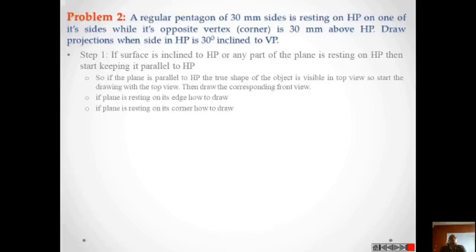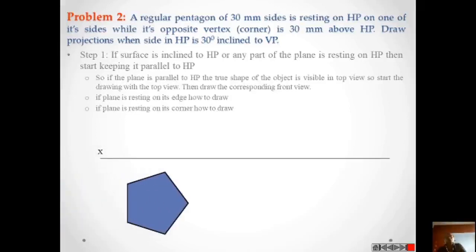Now, as we have discussed, if the plane is resting on HP, first we have to draw the top view, because as the first step, if the plane is resting on HP, we keep it parallel to HP and draw. If the plane is parallel to HP, in the top view you will see the true shape of the plane.